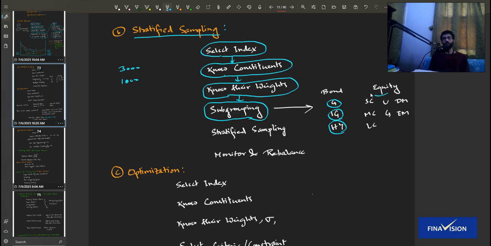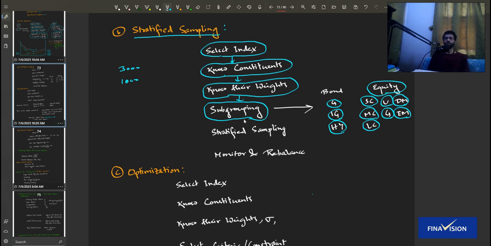In case of equities, it can be small cap, mid cap and large cap. The stocks can also be divided into value and growth. The stocks can also be geographically divided into developed markets and emerging markets. And it can be a combination of multiple of these factors. In this way, subgroupings can be done. And after the subgroupings are done, a representative proportion of the stocks in each subgroup is taken to create the portfolio.